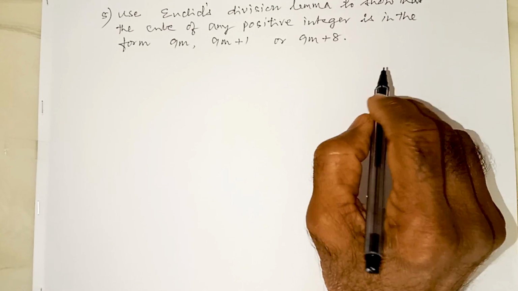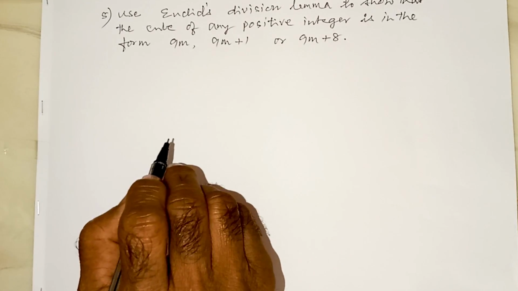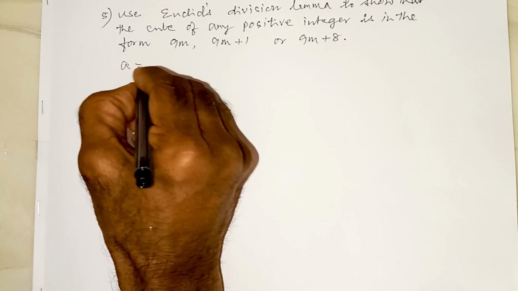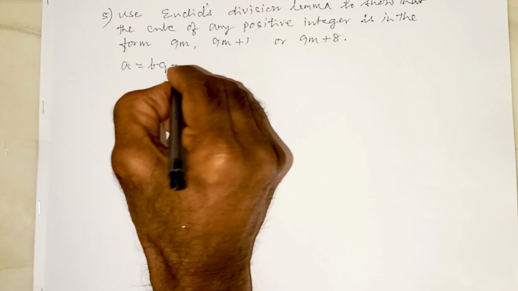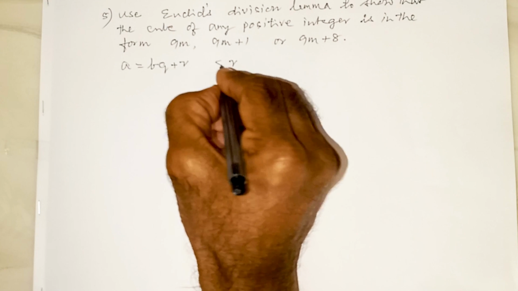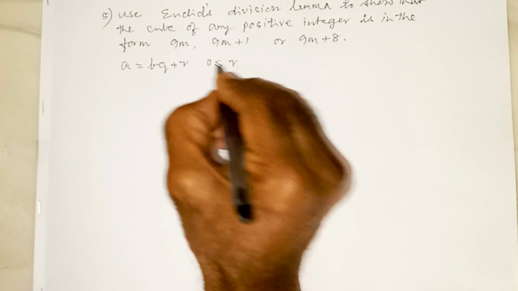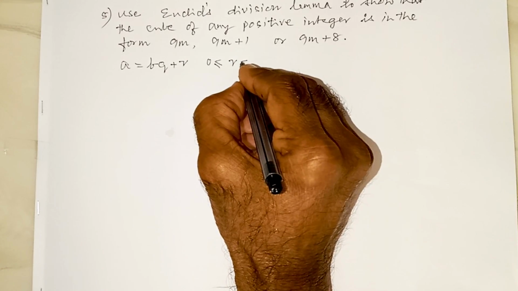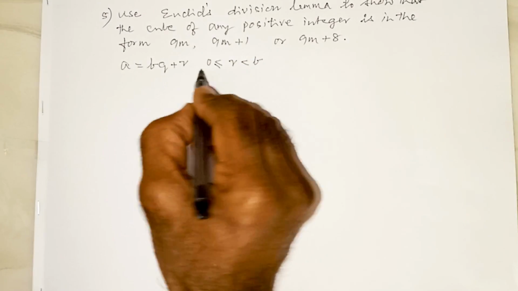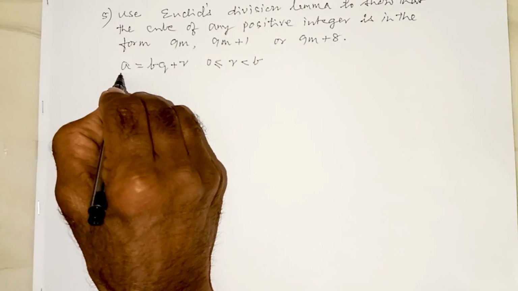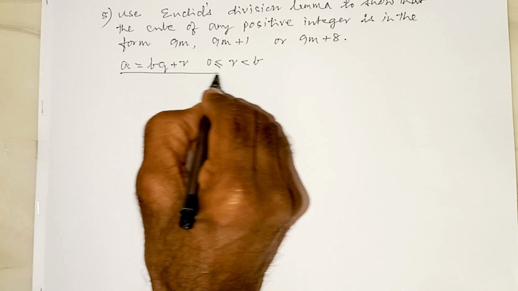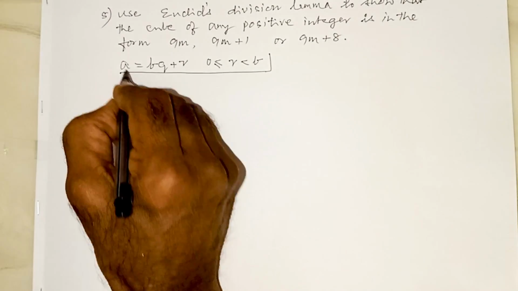For this, let us first write down Euclid's division lemma, which is a equals bq plus r, where r is more than or equal to 0, and it should always be less than b. This is the condition. As I said, for Euclid's division lemma or algorithm, you need to know this.